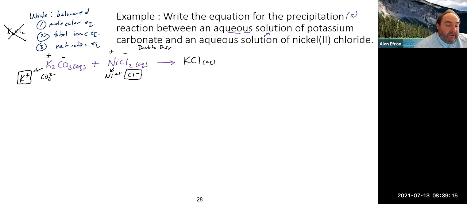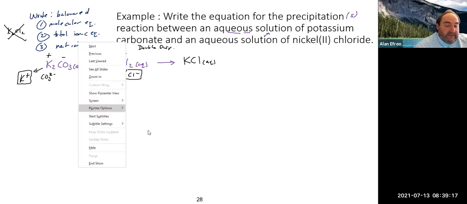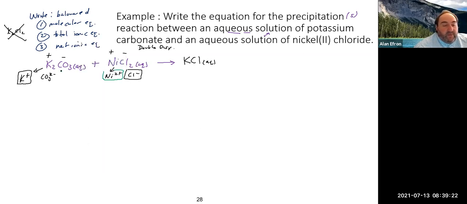That leaves my other two ions to come together, which is my nickel hooking up with my carbonate. And again, +2 and -2 tells me I will just have one of each, NiCO3. And because this is a precipitation reaction and based on solubility rules, carbonate would be insoluble in this case, and that would be our precipitate, our nickel(II) carbonate.